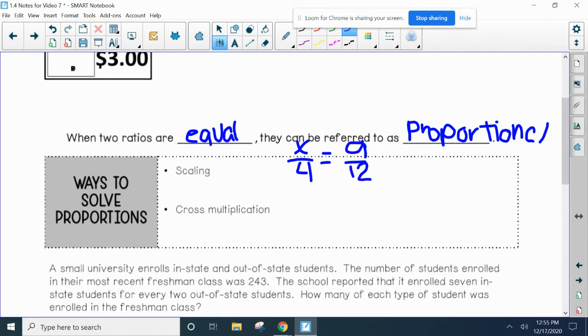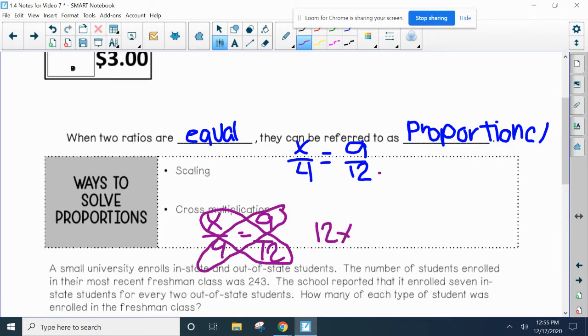Well, the first way I was just showing you to find unit rates was to multiply our diagonals. That's the butterfly method. So x to 4 equals 9 to 12. So multiply your diagonals. So 12x, 9 times 4 equals 36.